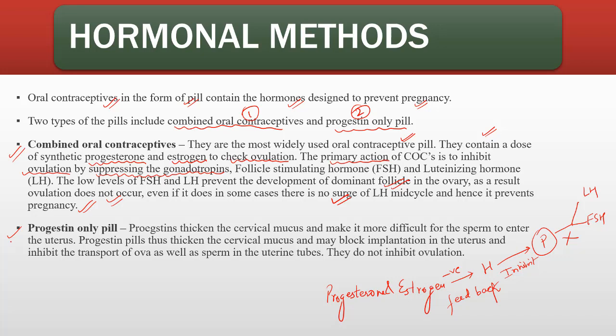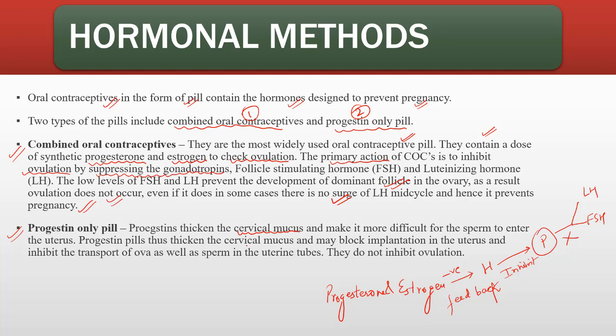Now the progestin only pill thickens the cervical mucus. If they thicken the cervical mucus, what will happen? The formation of a cervical plug prevents the entry of sperm. Basically, thickening of cervical mucus is also seen after fertilization, so that no other sperm can further enter.